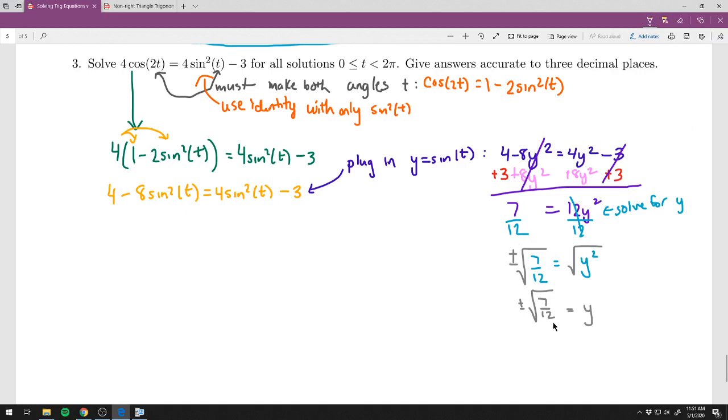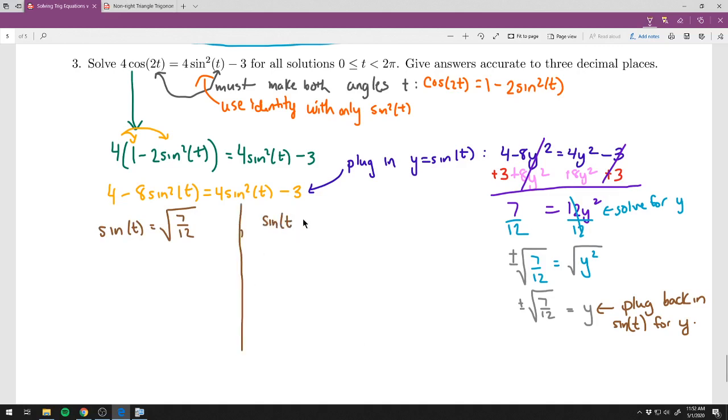When we would factor it, we would get stuff that we could easily solve for y or x or whichever one we were using, but you got to make sure you plug back in sine of t for y. Okay, so we've got two equations here. We got sine of t equals positive square root of 7 over 12. And we've got sine of t equals negative square root of 7 over 12.